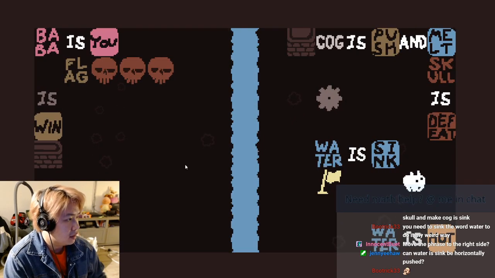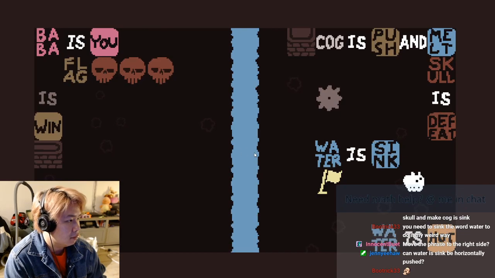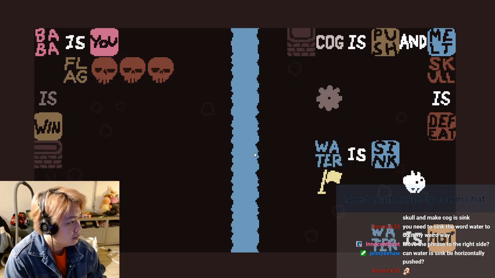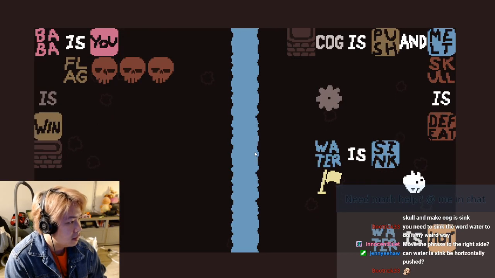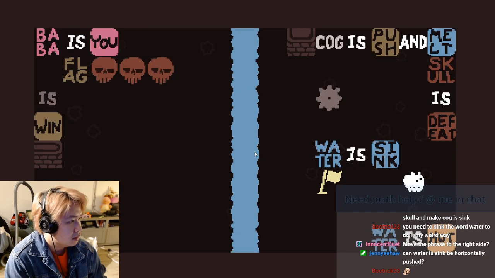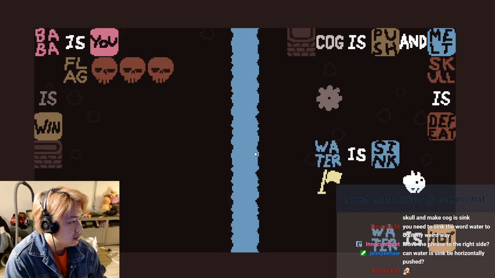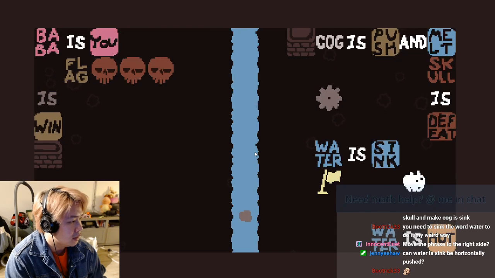So if I make the sentence cog is sink after I sink the water, then you can move the cog to the top left skull and make cog is sink. You need to sink the word water to do it a weird way.